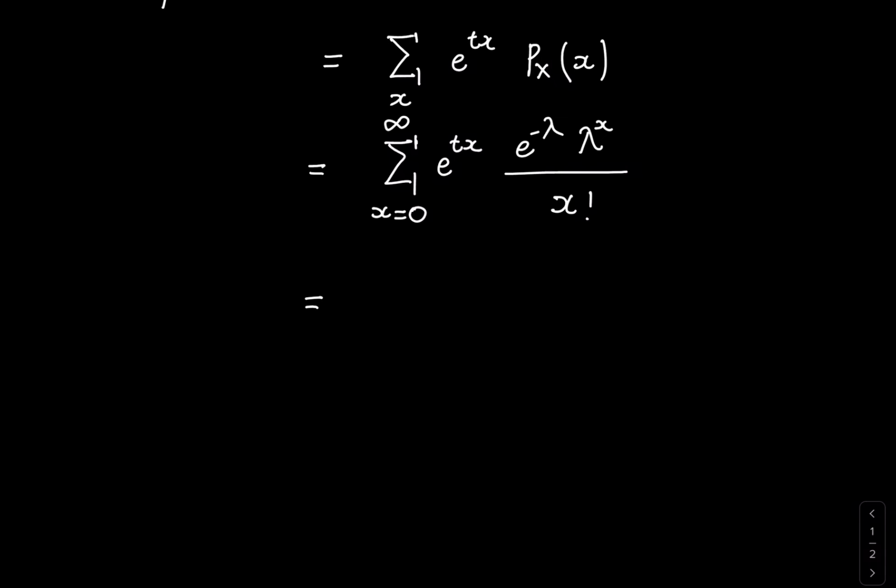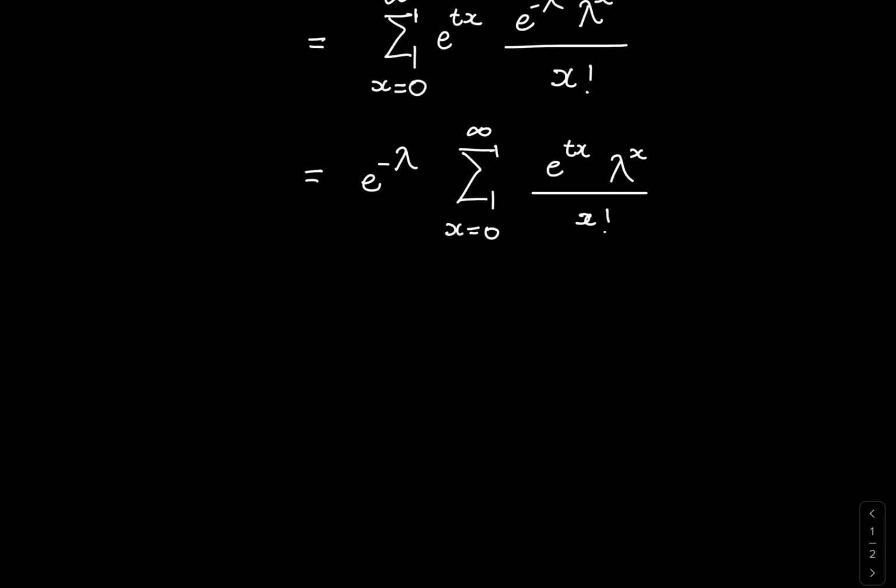The first thing I notice is that the sum runs over x from 0 to infinity, so anything that's not dependent on x, in particular this e to the negative lambda, I'm going to take outside the summation as a constant. So I can take that e to the negative lambda, sum from x equals 0 to infinity, of e to the tx, lambda to the x, all over x factorial.